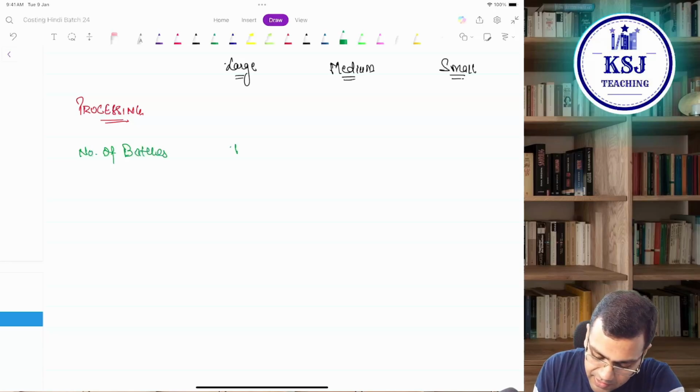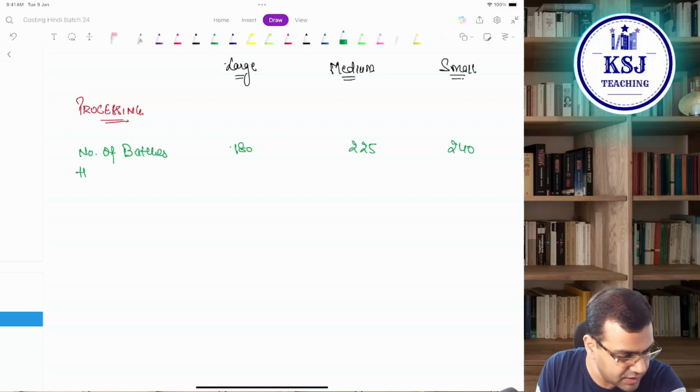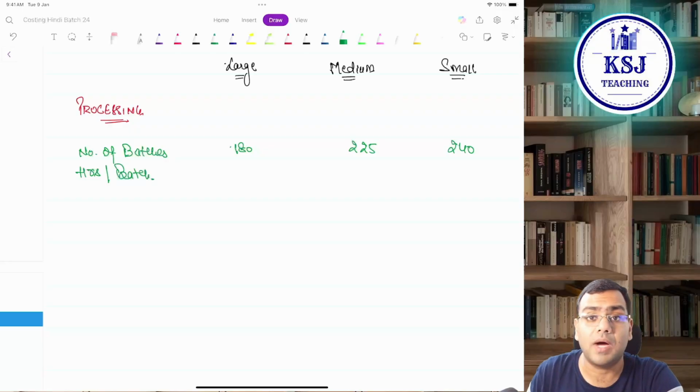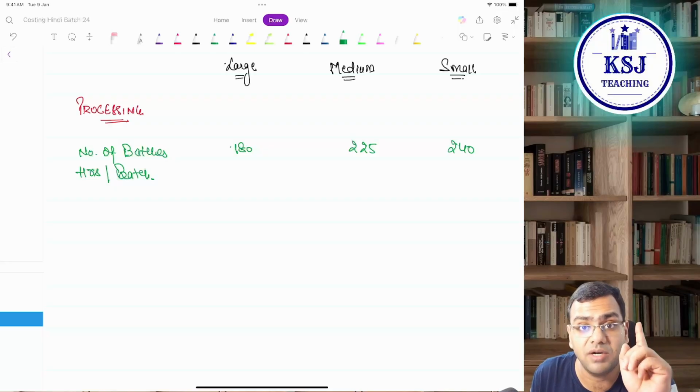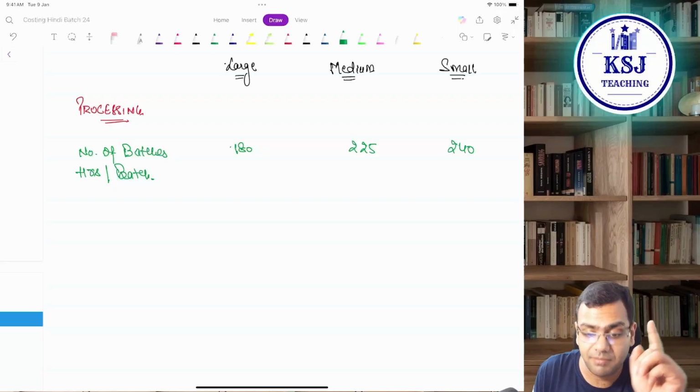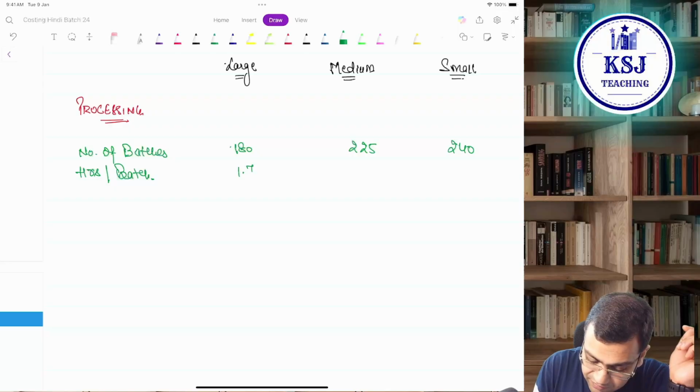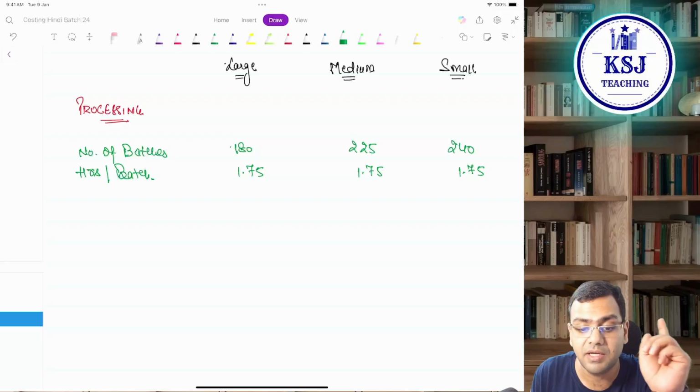For large 180, for medium 225, for small 240 batches, right? What is the hours per batch? Hours per batch, that is 1 hour 45 minutes. So be very careful, do not take it 1.45. 1 hour 45 minutes means it is 1.75. This is your hours per batch.